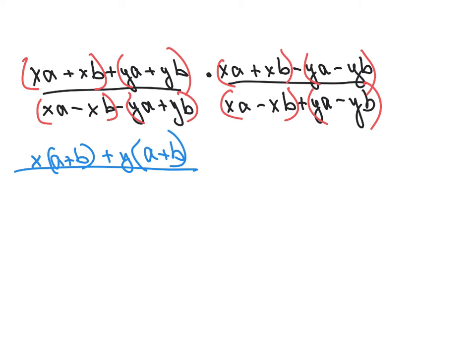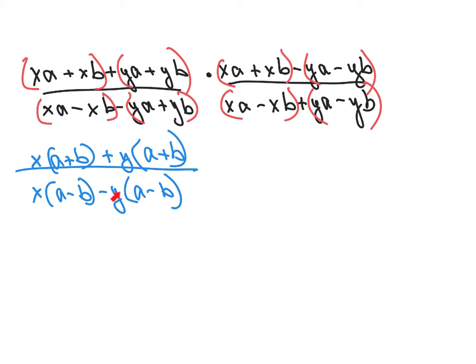On the bottom, we're going to factor out an x and be left with a minus b. And then we're going to factor out a y and be left with a minus b.